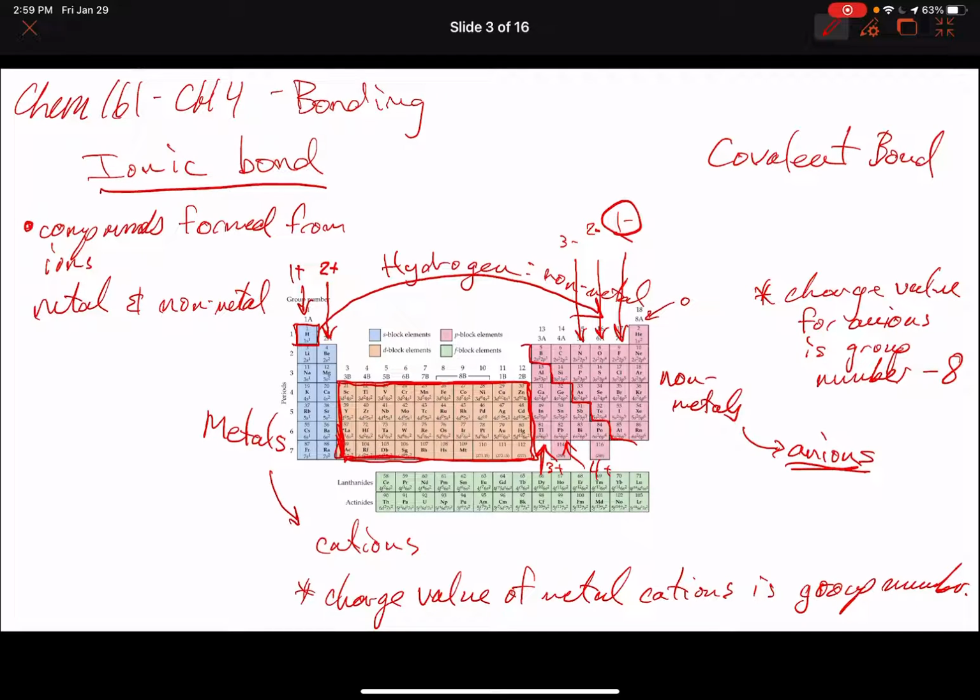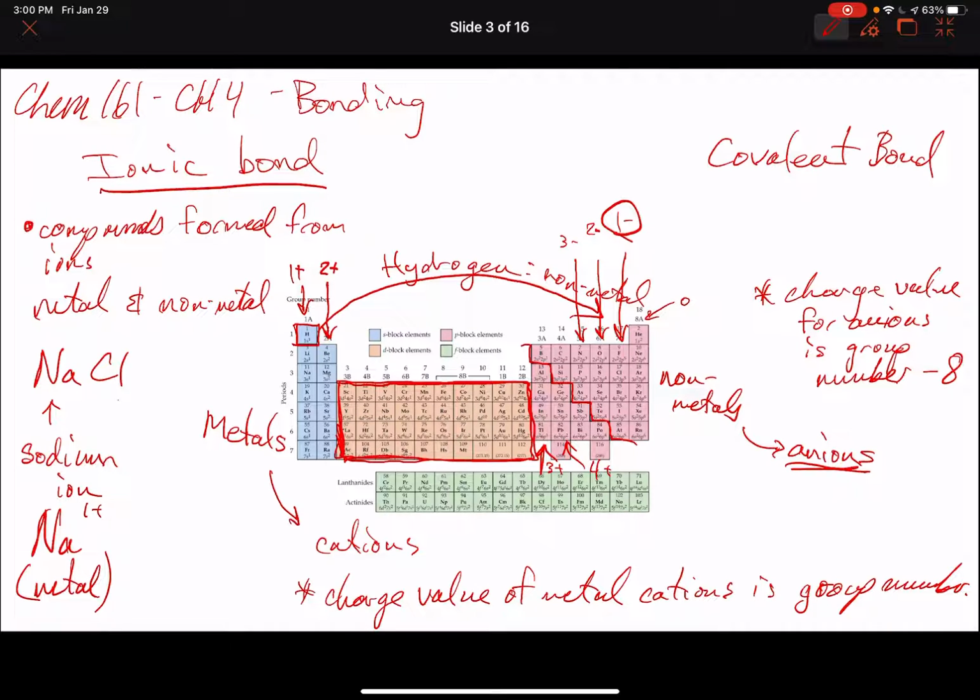A famous example is, of course, sodium chloride. We recognize sodium as coming from the first column, so that is sodium 1+. The sodium ion is how we name this. So the name here is the element name followed by the word ion, sodium ion. And this, of course, is Na1+. And we recognize this as a metal.